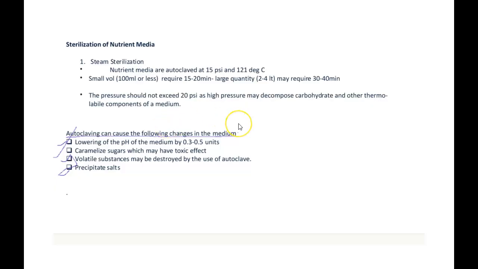However, there are some problems associated with this: if you sterilize the media in an autoclave, there could be changes that lower the pH, and it could also caramelize the sugar, which may have a toxic effect. Some volatile substances may be lost, and salts may be precipitated out.